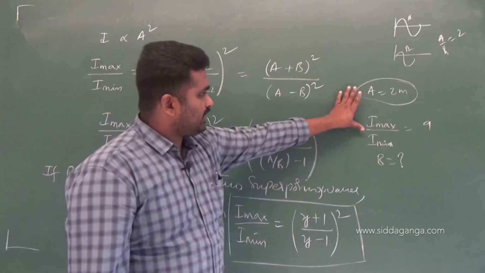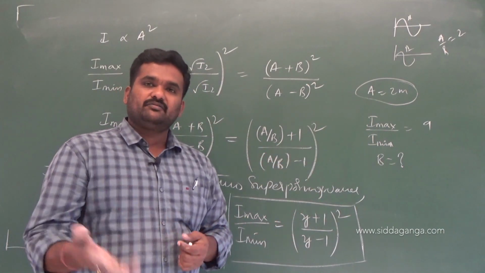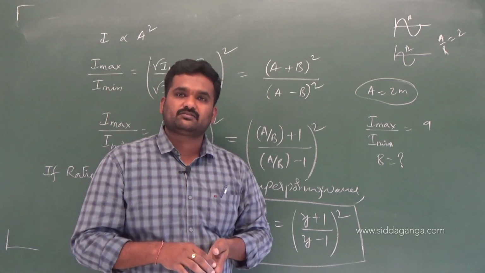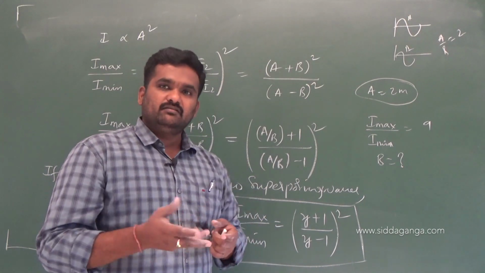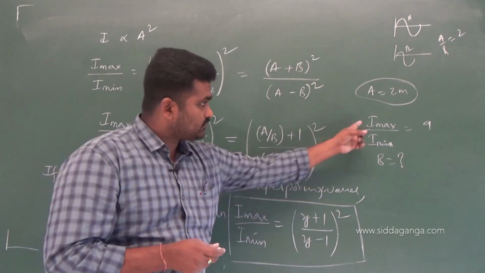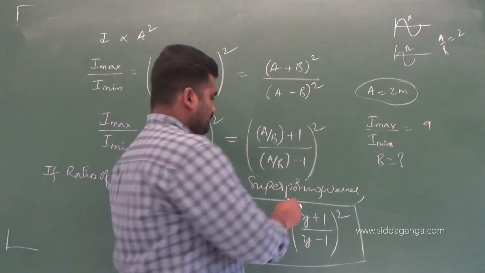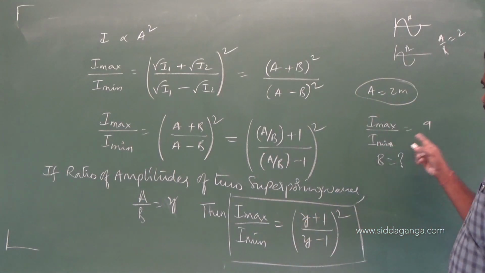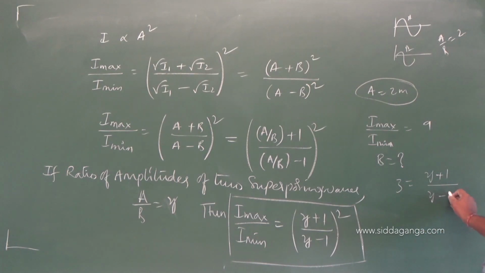We have one relation. Without knowing this relation, if you want to solve directly, we know the resultant amplitude is root of A square plus B square plus 2AB cos phi, and the intensities I1, I2 are not given here. Only the maximum to minimum intensity ratio is given. Taking the root on both sides, root of I maximum by I minimum becomes 3, so 3 equals Y plus 1 divided by Y minus 1.